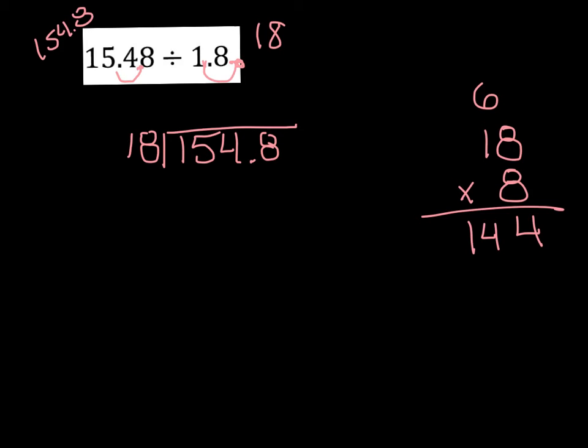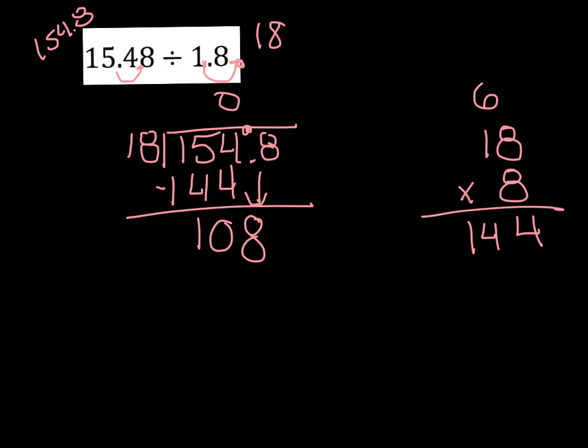So that worked out for us. So sometimes you're just going to have to guess and check. So 154 minus 144 will give me 10. Bring down my 8. Oh, and let's not forget to bring our decimal up and add that. So now I need to use a number smaller than 8 to get 108.